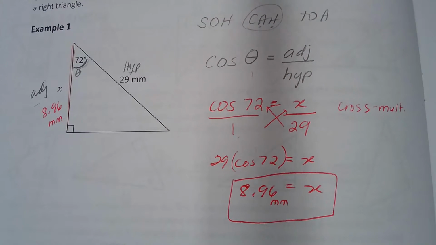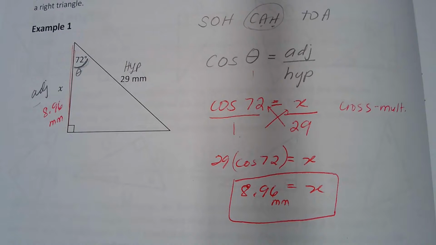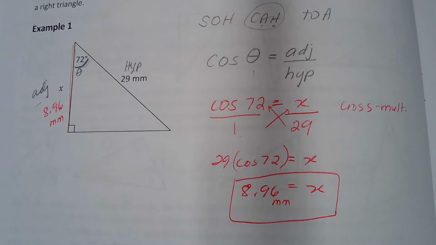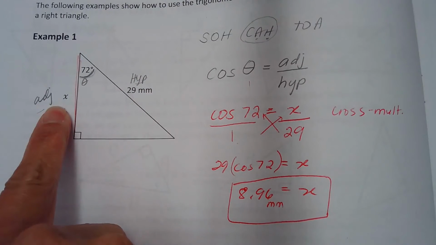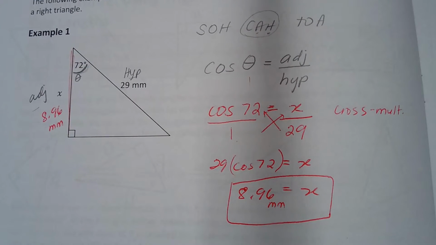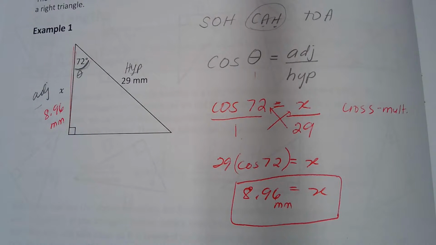Yes, question. If it was flipped around, it's different, right? Yeah, that's a good question. What if the 29 is over here and the x is over there? Let's see if that makes sense to us again.